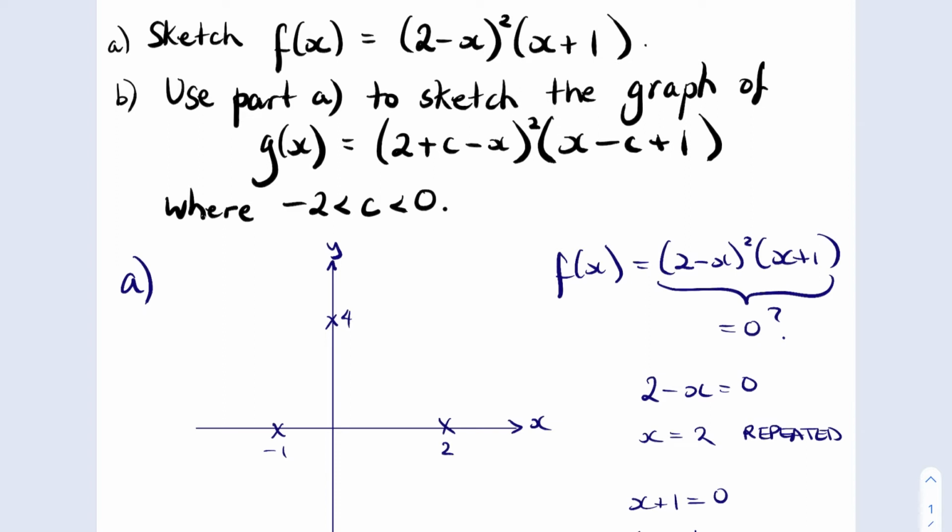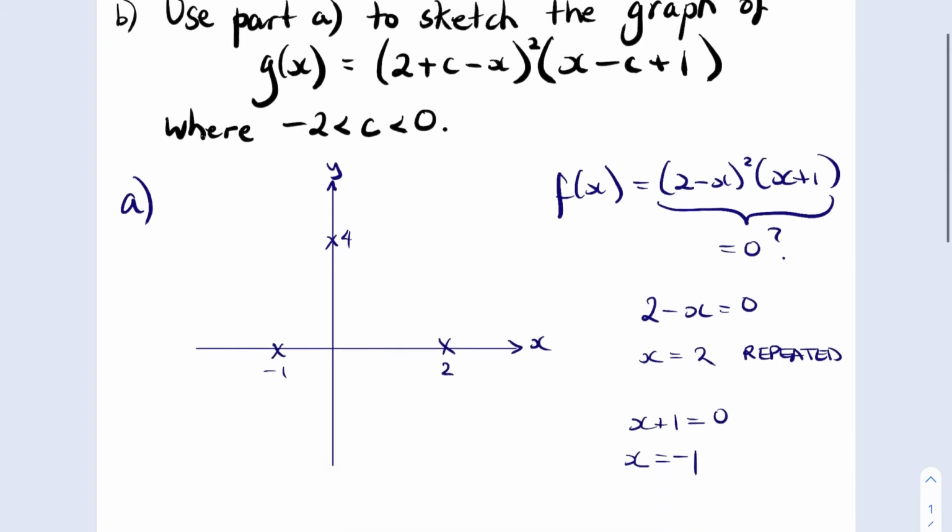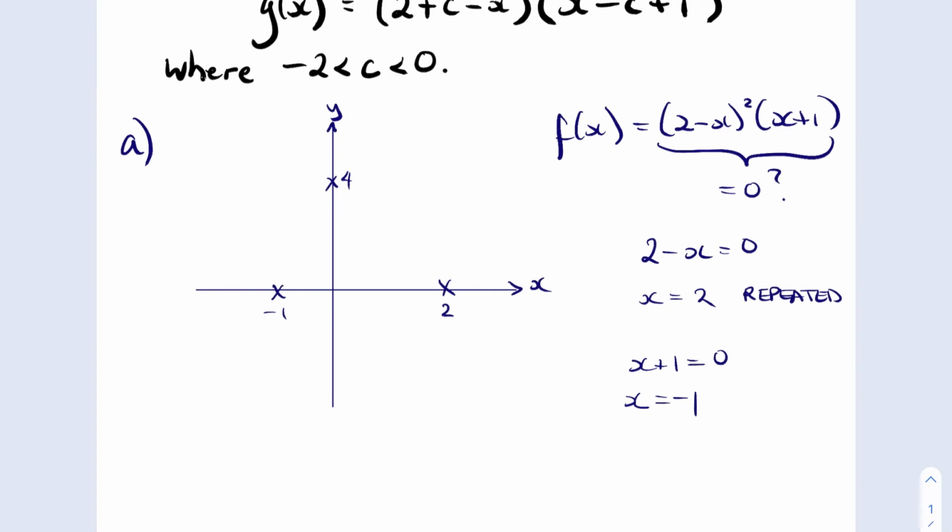Okay, so what is the shape of this graph? So I can see that when I multiply out that I'm going to have a cubic term. And that cubic term is going to be positive because there's a minus x being squared multiplied by an x. That's the highest order term. That's the only one I need to consider when thinking about the shape of this graph.